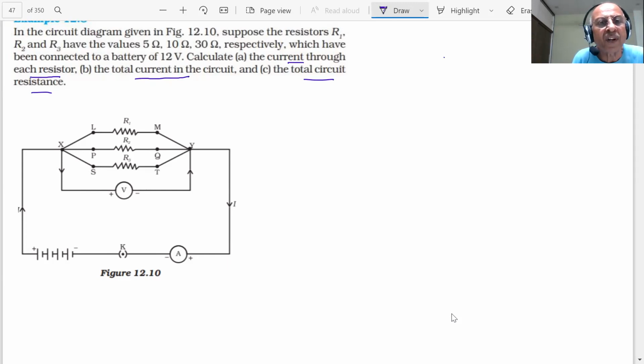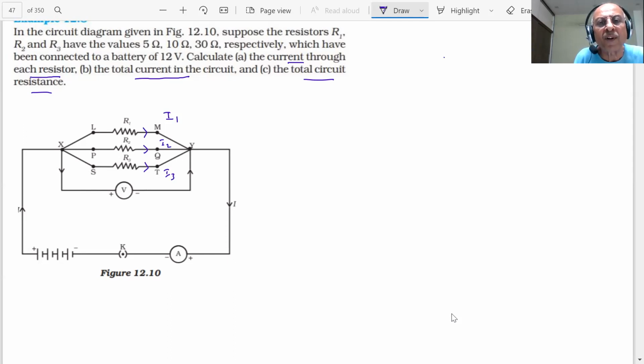Okay, let us see what is given, student. As you can see, current I flows. This current will get divided in three parts: I1, I2, and I3. There are three resistors, so different amounts of current will flow through them.